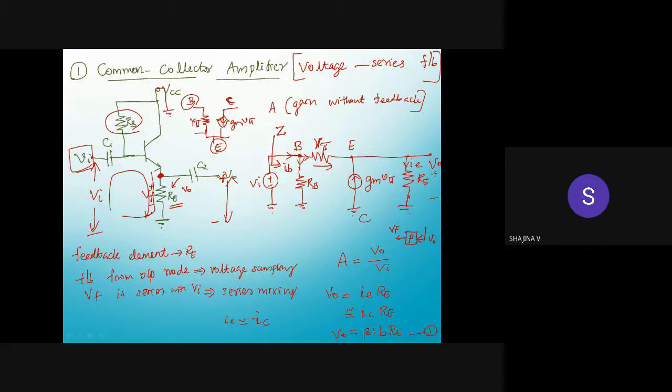Here is the input impedance. Okay. So input impedance without a feedback is actually you have to consider R pi and RB. Both will be in parallel, right? So input impedance without a feedback means actually it will be what? My Zi is equal to RB parallel to R pi.